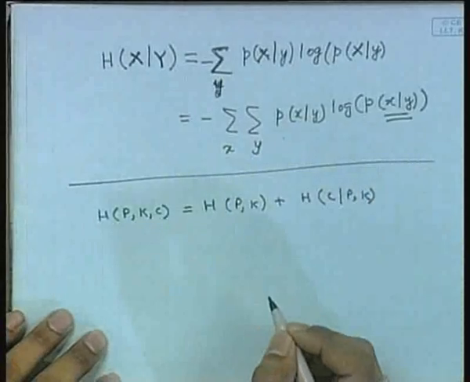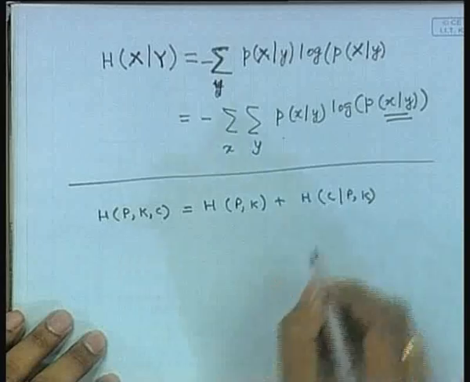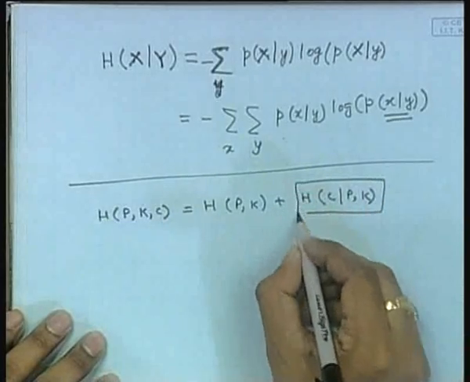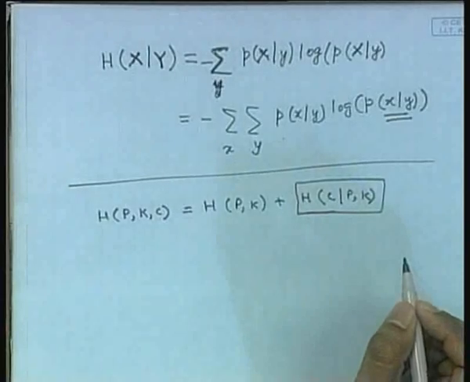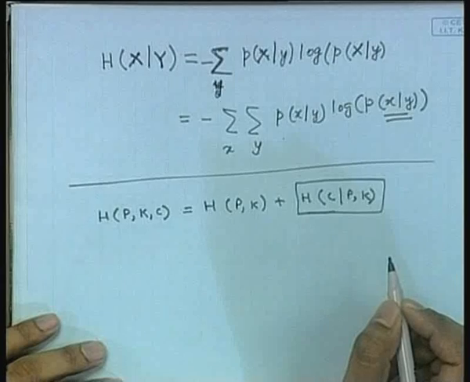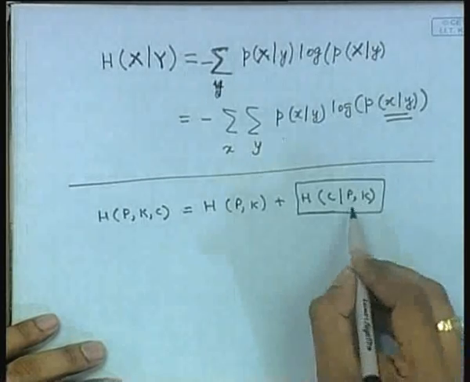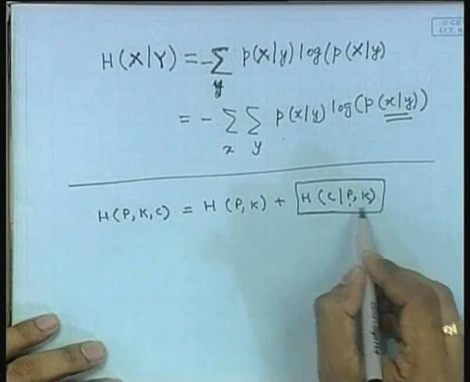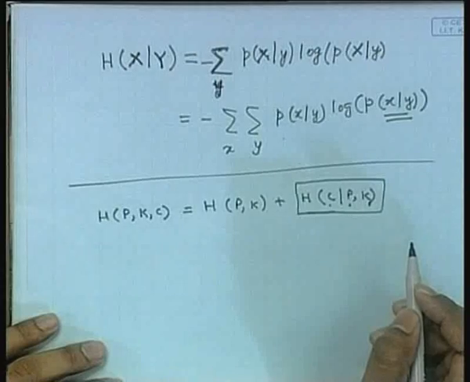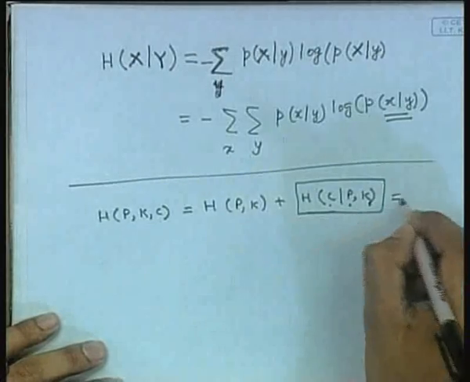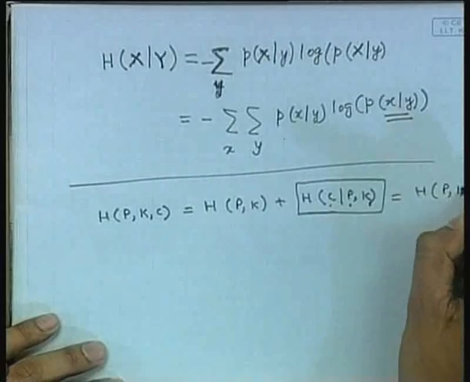Is this correct? So what is the value of H of C given P comma K? Given P, that is the plaintext, and given the K, what is the uncertainty remaining of the ciphertext? 0. So therefore this is equal to H of P comma K.